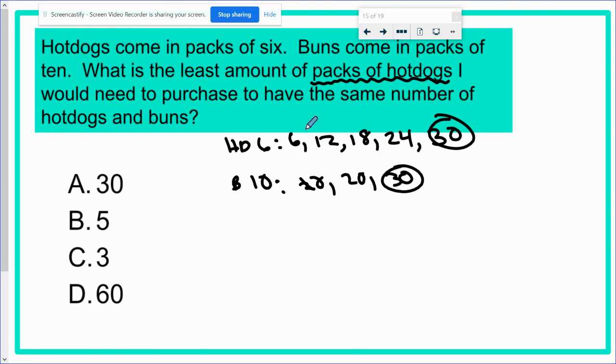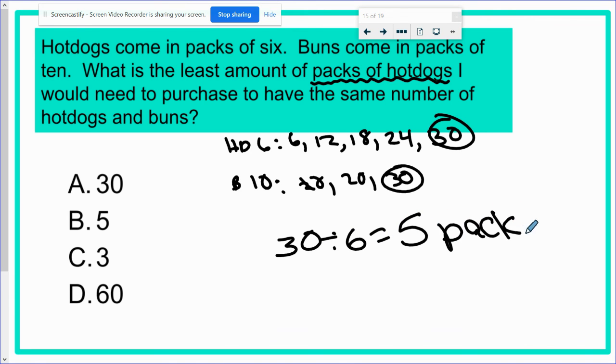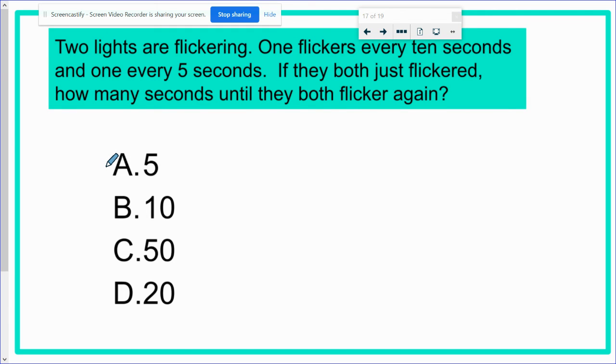So I know that in order to have the same number of hot dogs and buns, I need to buy 30 of them. But that's not what the question is asking. It is asking how many packs of hot dogs do we need to buy? 30 hot dogs divided by 6 per pack would be 5 packs. So pay attention to what you are being asked. All right, couple more.